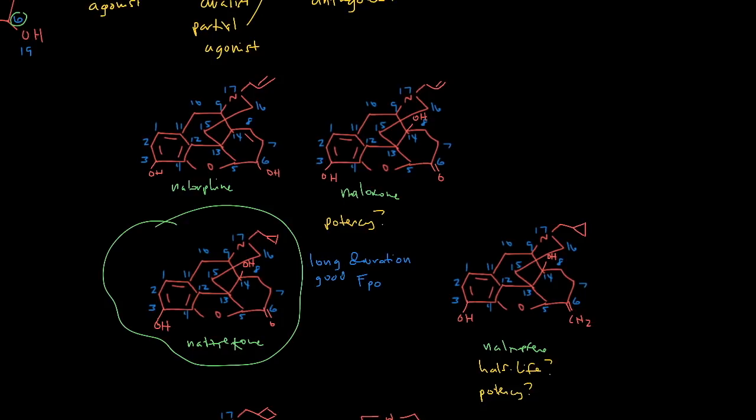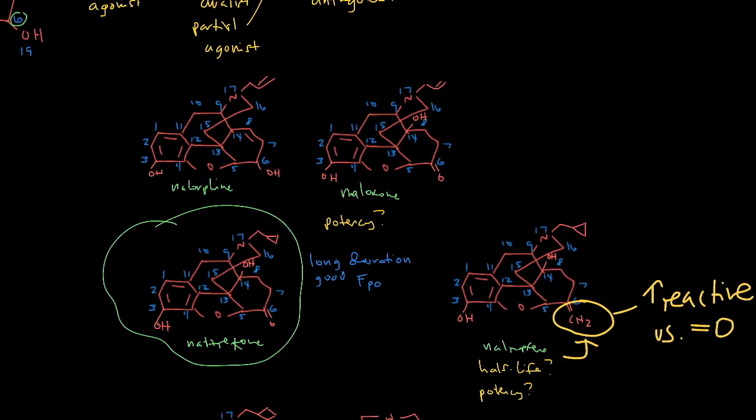Does it have a long half-life or a short half-life, and why? It has a short half-life because of this double bond CH2 group. Double bond CH2 groups are more reactive than double bond O groups. Therefore, they will undergo more reactions, or faster reactions, in the body than your ketones.